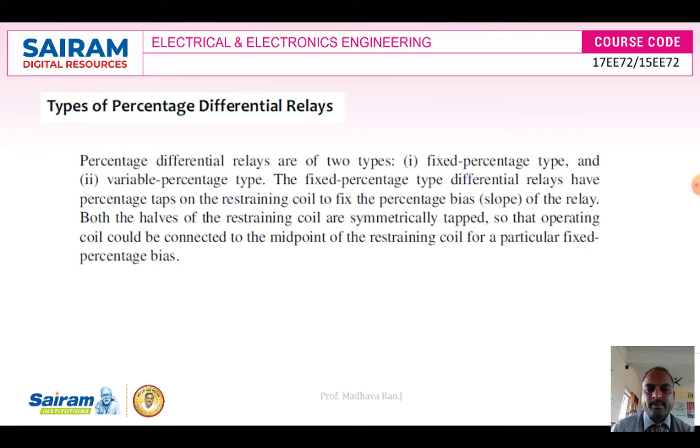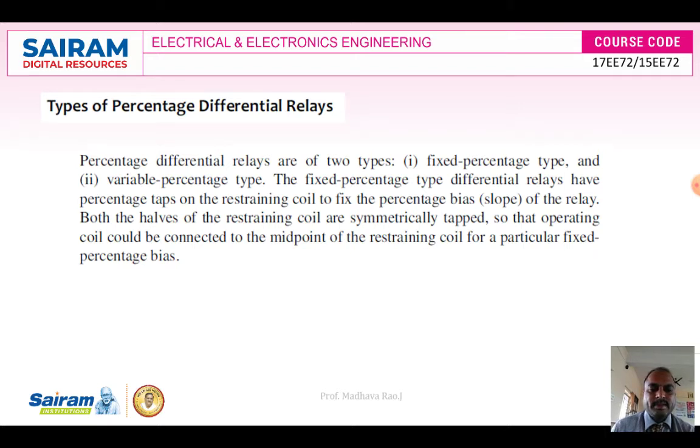Coming to the types of percentage differential relay, these are the two types. Percentage differential relays are classified into two types. One is fixed percentage type and the second one is variable percentage type.